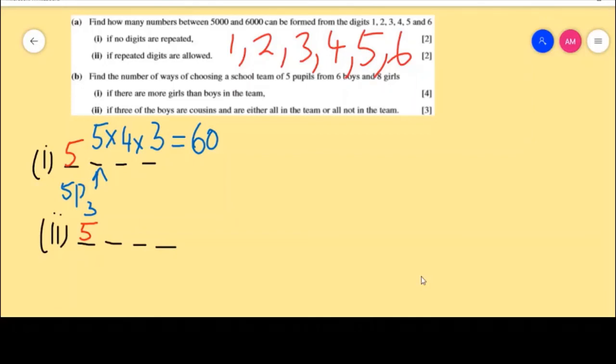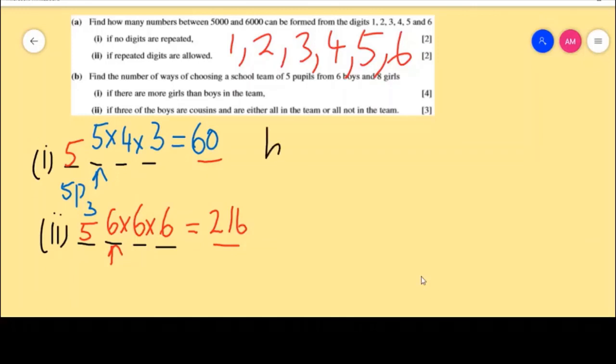How many choices do I have here? There are 6 numbers, so 6. I can use the number again, there are 6 choices again, and 6 choices here. So you get 6 to the power 3, which is 216. So you understand why I use that approach in part 1.